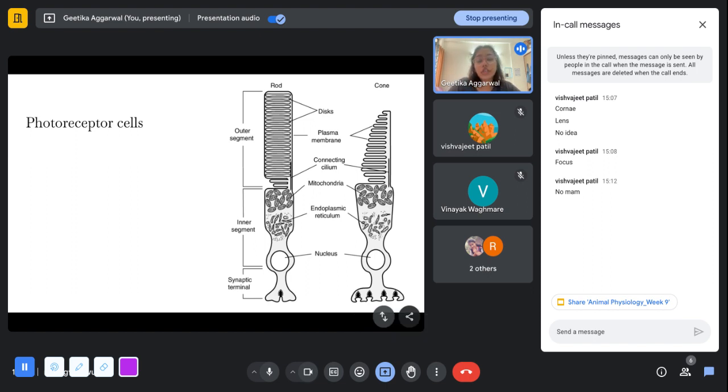Not just how they look, but what function they have. Rods and cones, have you heard about them before? Nobody has heard about rods and cones? Do you not know the basic difference between these two cells?